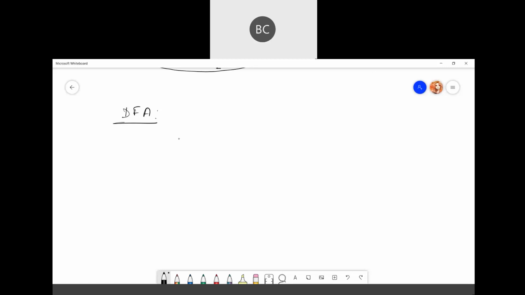Okay. Now, what was the formal definition of DFA? How many tuples? 5. What are those? Q, set of all states. Then sigma, set of input symbols. And what?